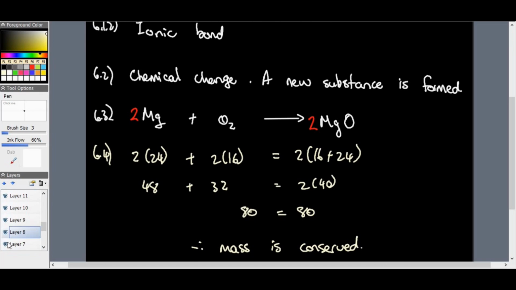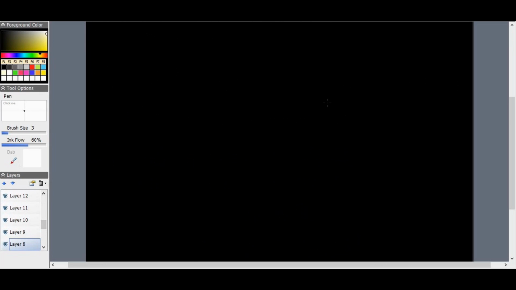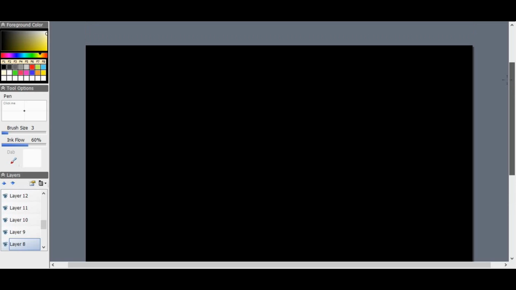So of course they ask us to define something. For question 9, let's bring this all the way up to the top. Define the term 1 mole.